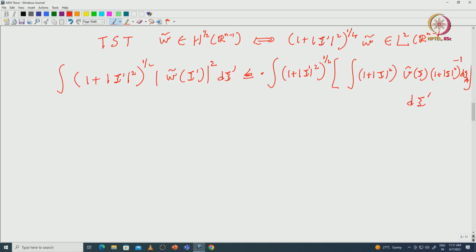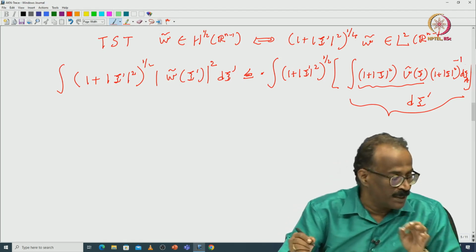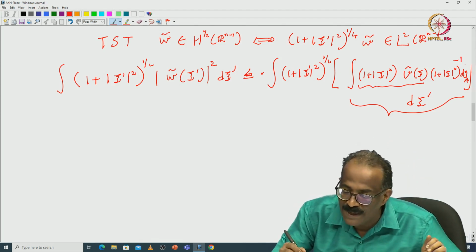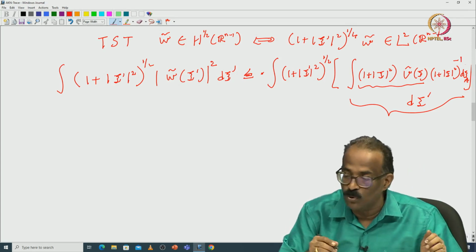Now, here you can apply your Cauchy-Schwarz, because this times V hat is in H half. So you can apply this square. If you take that square, that will be finite because that is in H1. So you need something more here.